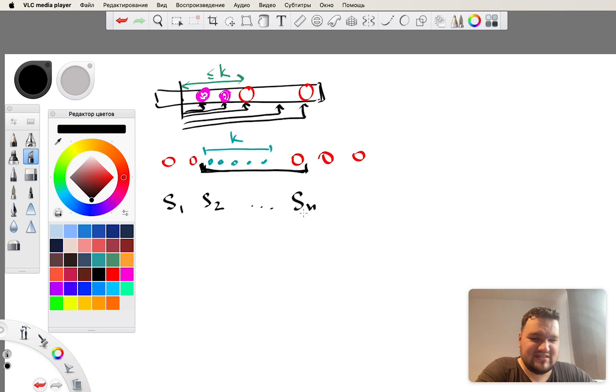I write Sn, but it's clearly Sn minus k plus 1. It just doesn't matter. Like if n is the length of the text that is given to us, and we have the sliding window of size k, then we will have n minus k plus 1 different positions of the sliding window. Let's just call this number n prime. That's the number of sets we are considering.